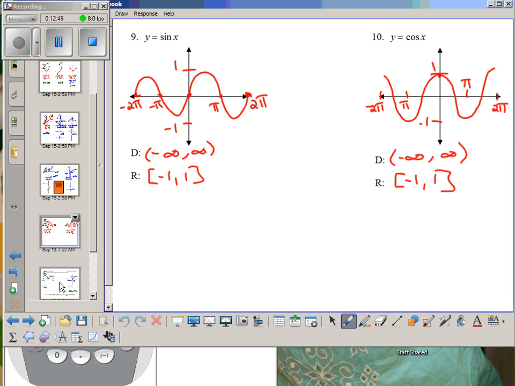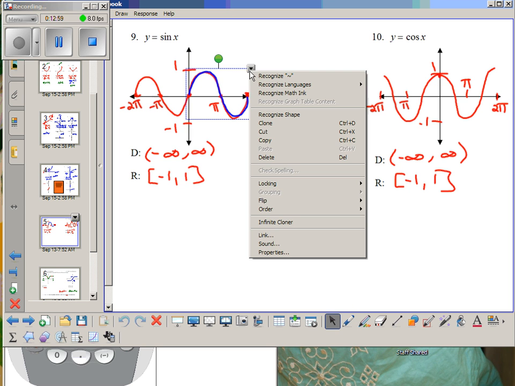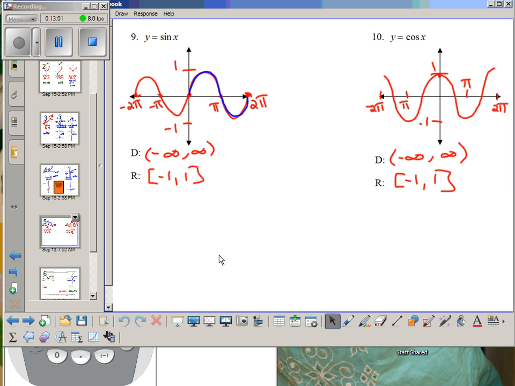And then finally, when we get to sine and cosine, sine does not have that reflecting. If I take this and I try and flip it backwards, actually that won't get me the same thing, right? If I come back here, it would look like that, and that is not even. This one is indeed odd.